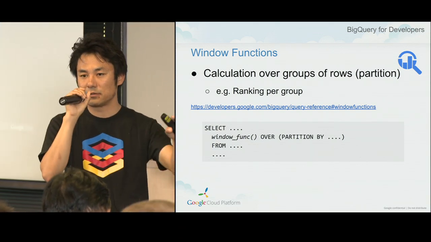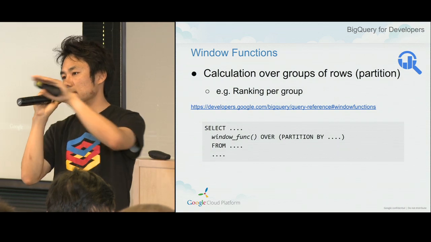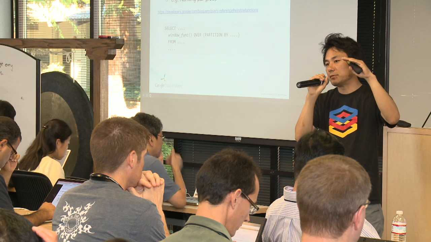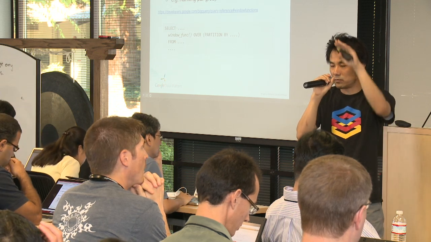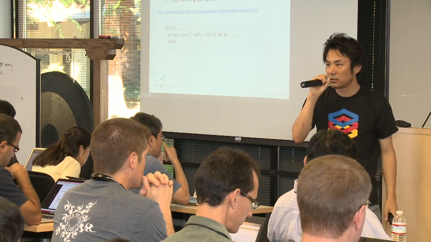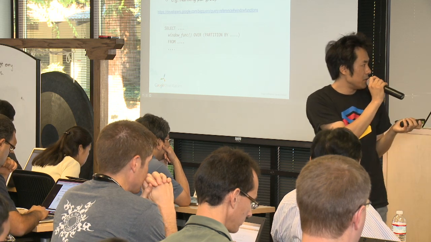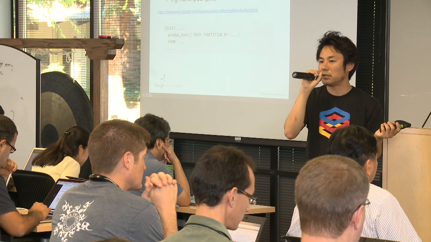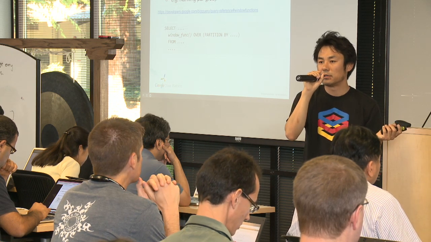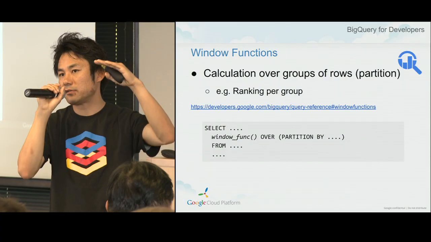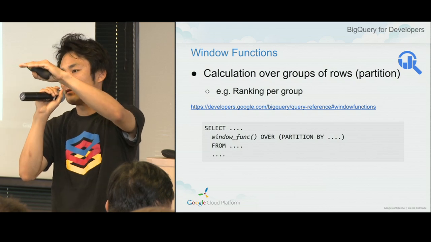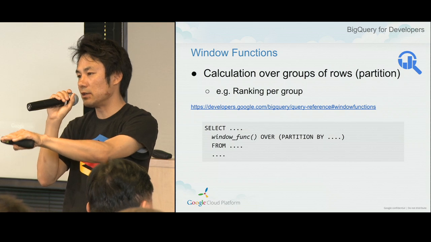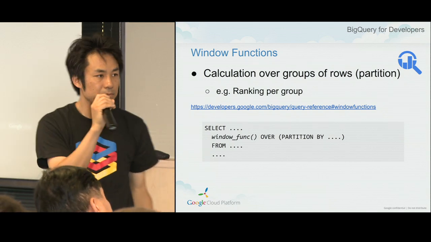Each person has his score and his high school. We can have a global ranking, but if we use a window function, we can know the ranking within the same high school. So this person is the first one in his high school, and the other person is also rank 1 for another high school.